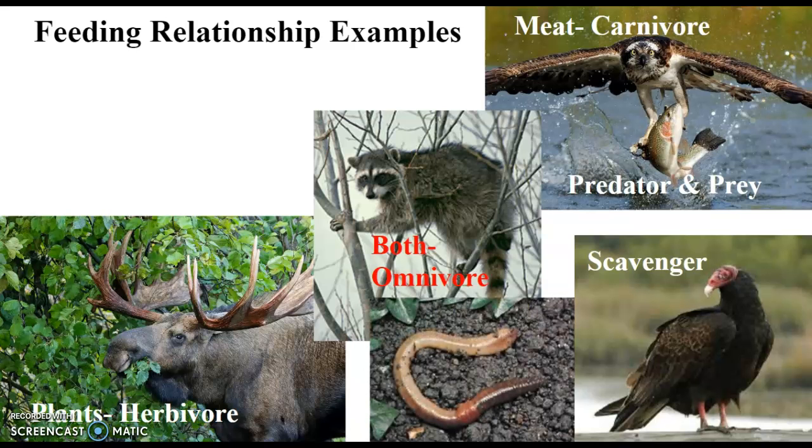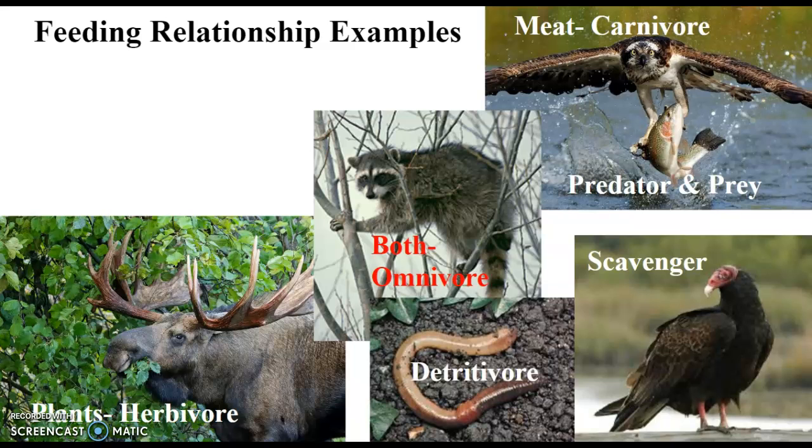What about this guy? This little earthworm is breaking down dead plant matter in the soil. So it's considered a decomposer, but a fancy name for some of those decomposers that take pieces of leaves and plant debris, we call them detritivores.